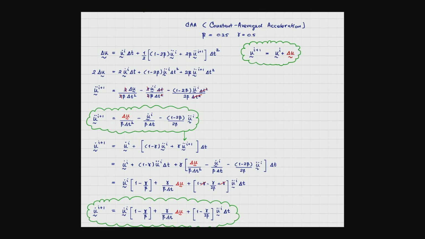And first of all, the easiest thing is that the u at step i plus 1 has to be the u at the current step plus the delta u. So this is the displacement increment. It is quite straightforward that the next step must be this step plus the increment. And then we use s equals ut plus a half at squared, which is this thing.